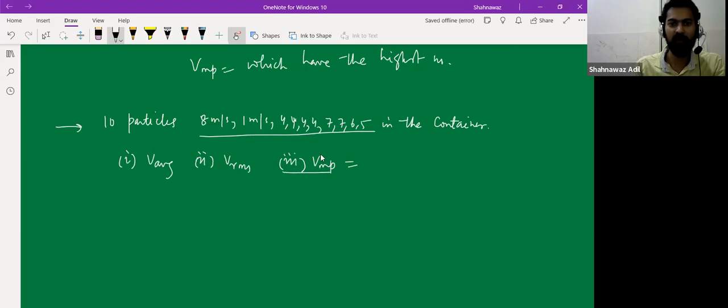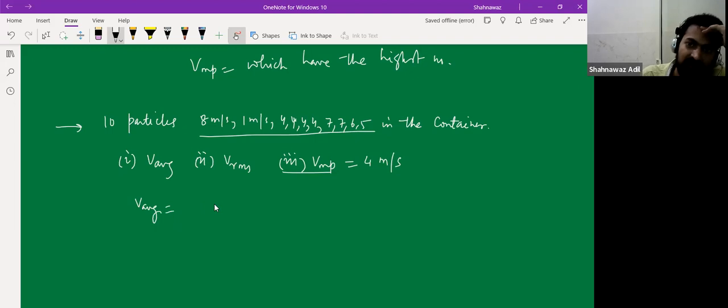So what will be the most probable velocity? Anna, what will be the most probable velocity? 4. Yes, 4 meter per second. So this will be the most probable. And what will be V average? Abhinav, what will be V average?